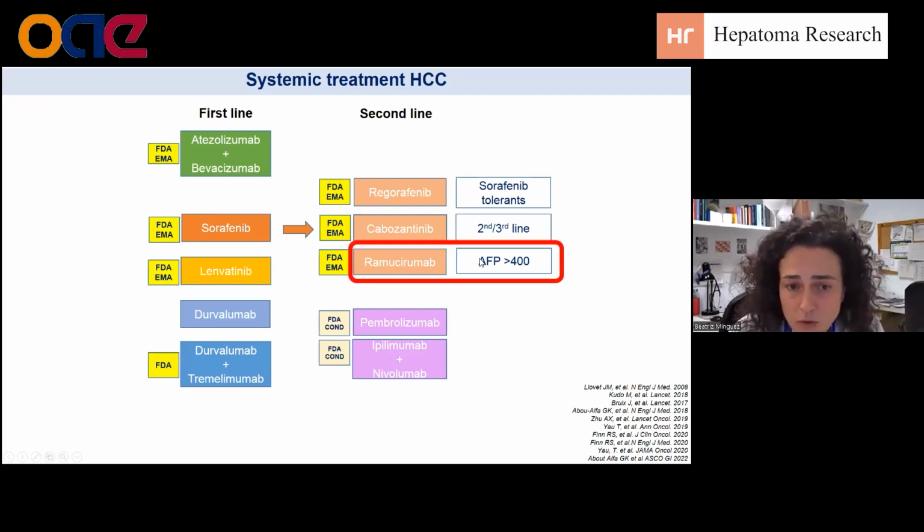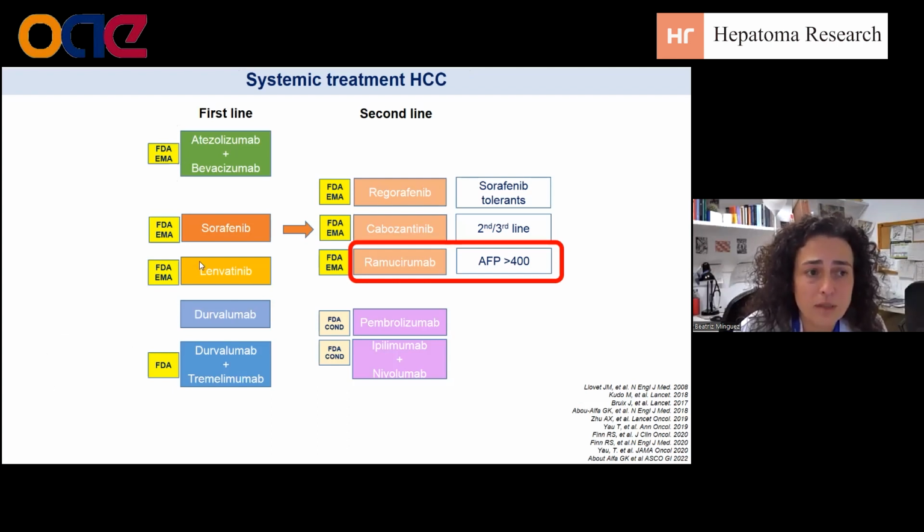That is the only one, as I mentioned before, the only treatment guided by a biomarker. But we have now in front line atezo-bev and also durvalumab that have been superior to sorafenib, and we have been selecting patients for the therapies according to the adverse event profiling.